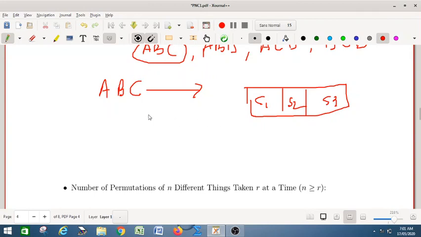In that case you can see they can take their positions like ABC, or ACB, or BCA, or BAC, or CAB, or CBA. So this is the number of ways.